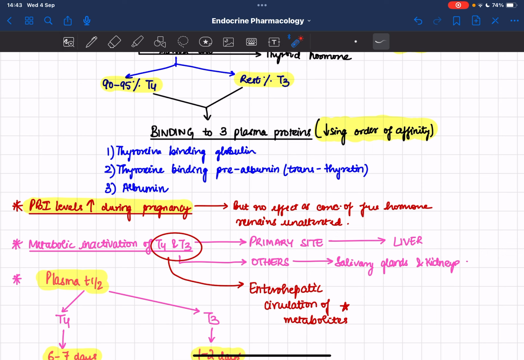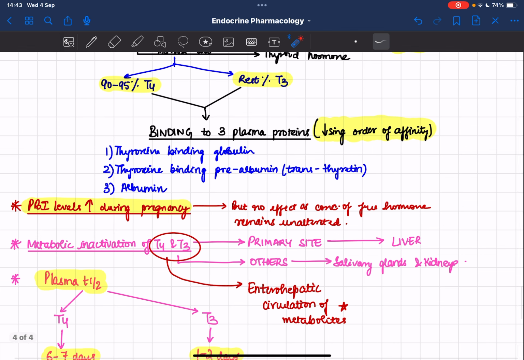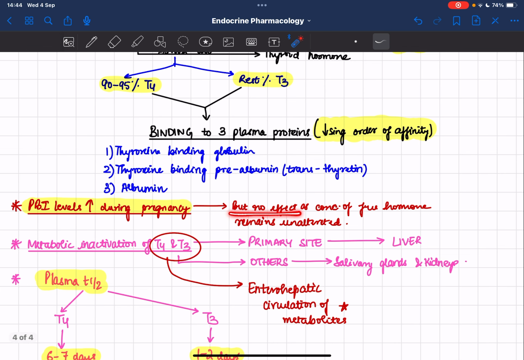This is a very important thing to understand: protein bound iodine is increasing, but the free T3 and T4 concentration is not affected. It can be used as an MCQ question, what happens to T3 and T4 in pregnancy: PBI levels increase but there is no net effect on the body.